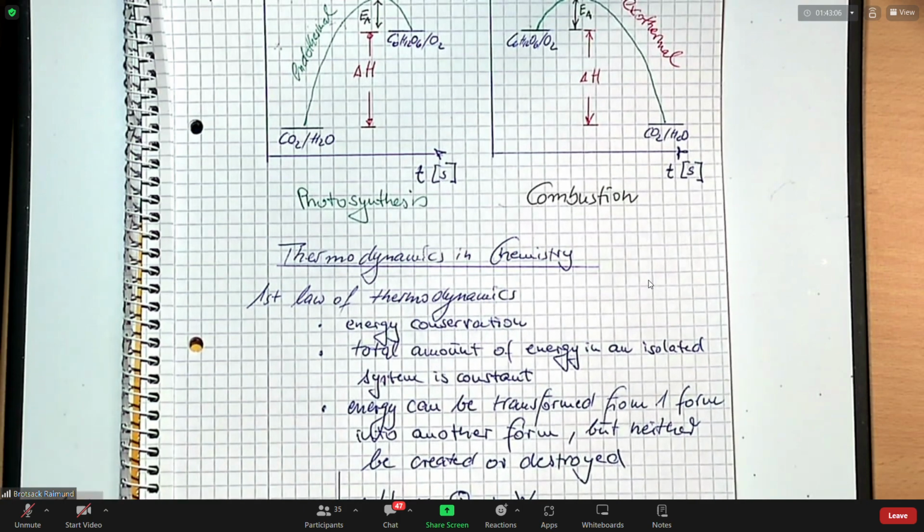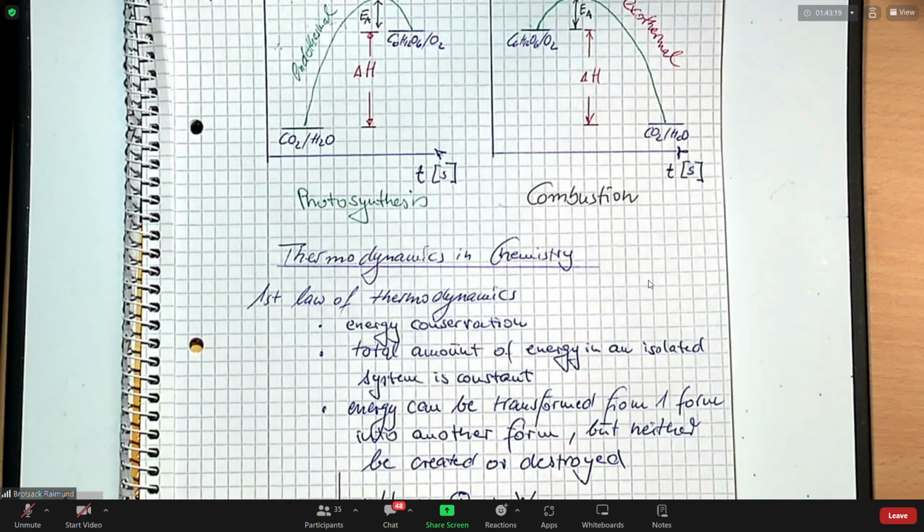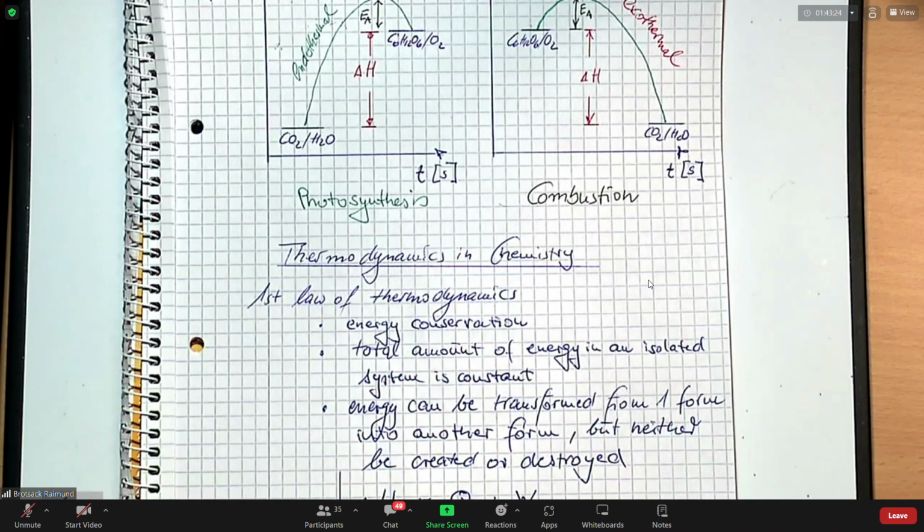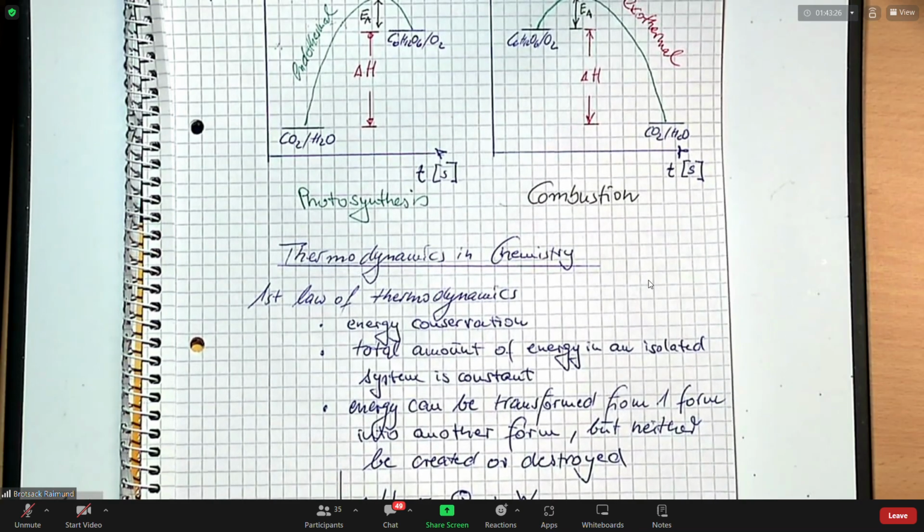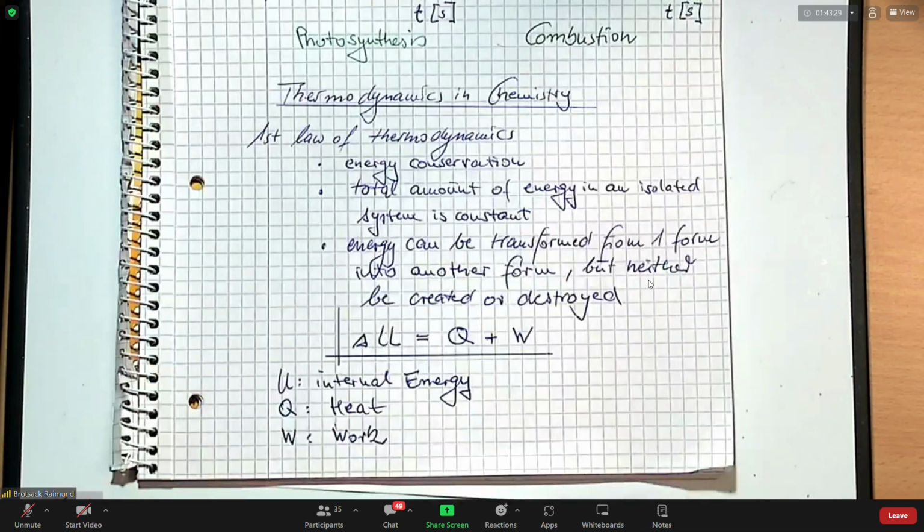The U is the internal energy. The Q is the heat of the system. And the W is the work which can be done. So the delta of that in an isolated system is 0.